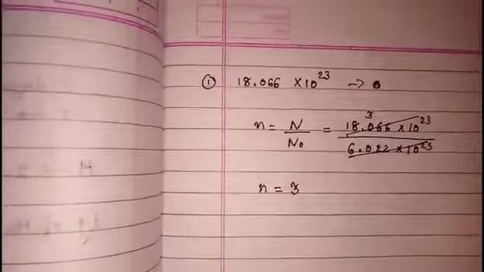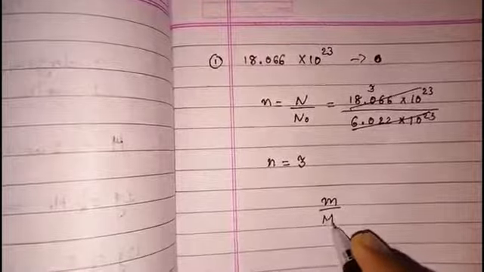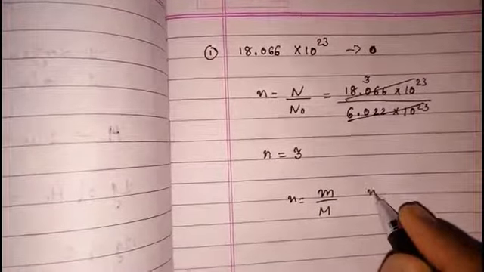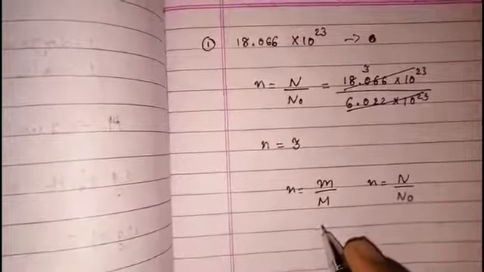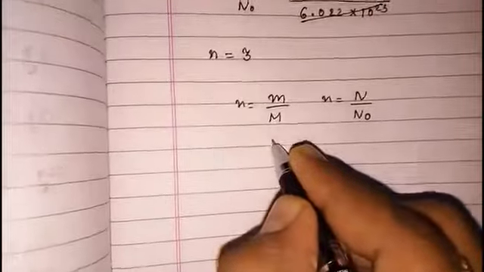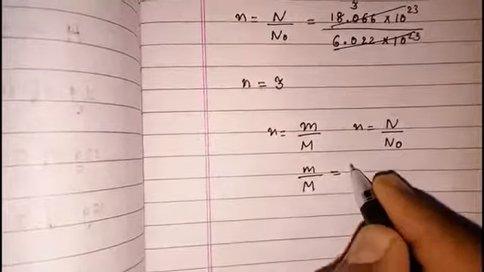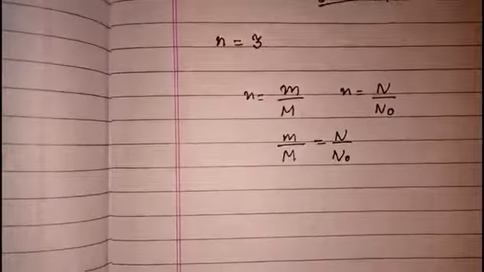By combining these two formulas we get a new relation. n is equal to small m upon capital M, and again we know that n is equal to capital N upon Avogadro number, so we can combine these and we get small m upon capital M is equal to capital N upon Avogadro number.